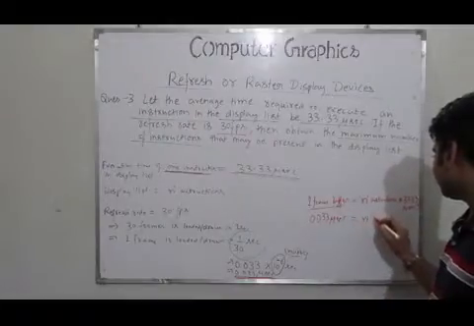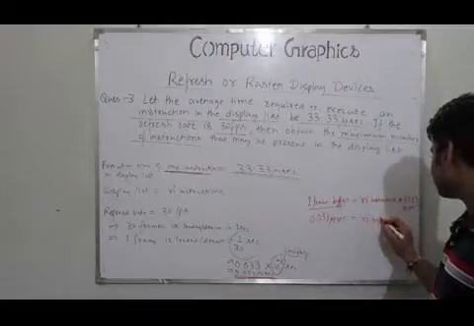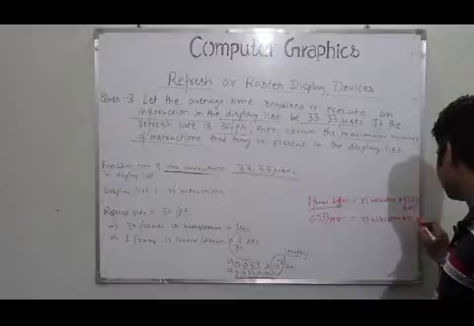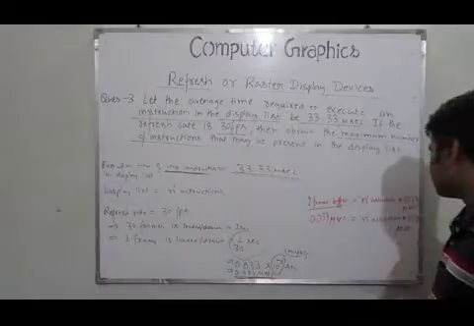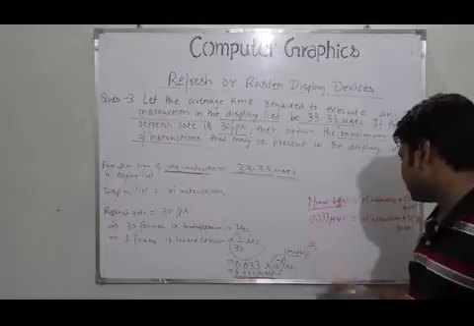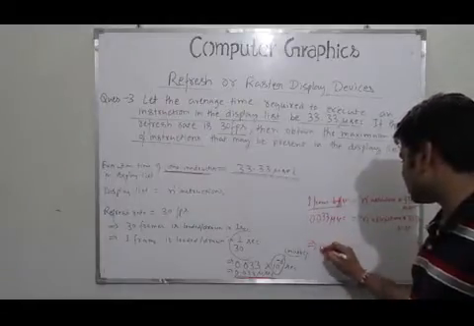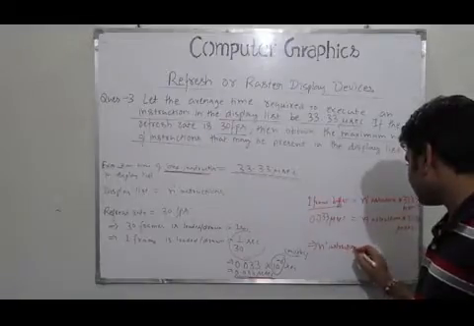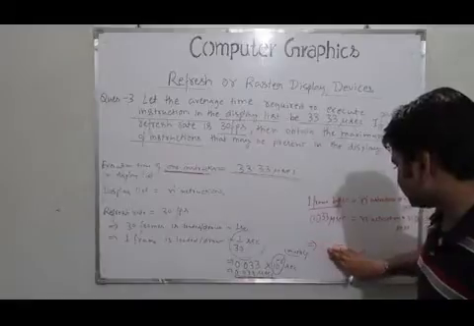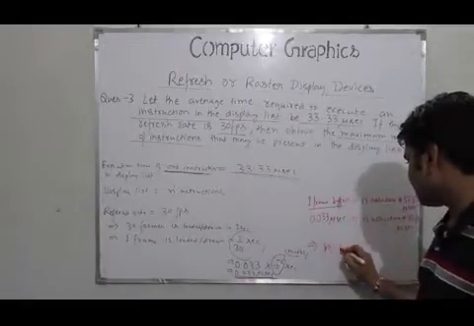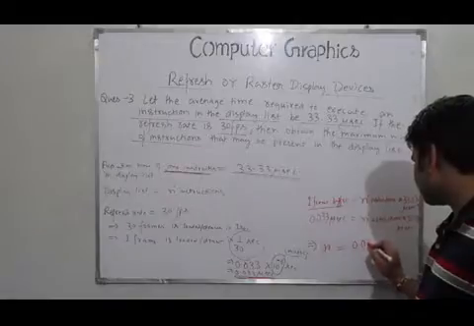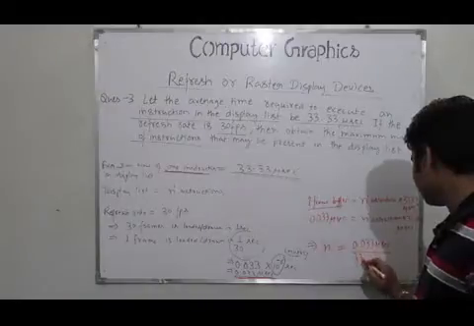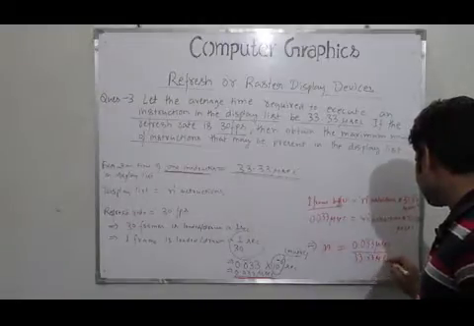So we have n instructions into 33.33 microseconds. From here we can determine how many instructions are there. So n is equal to 0.033 microsecond divided by 33.33 microseconds.